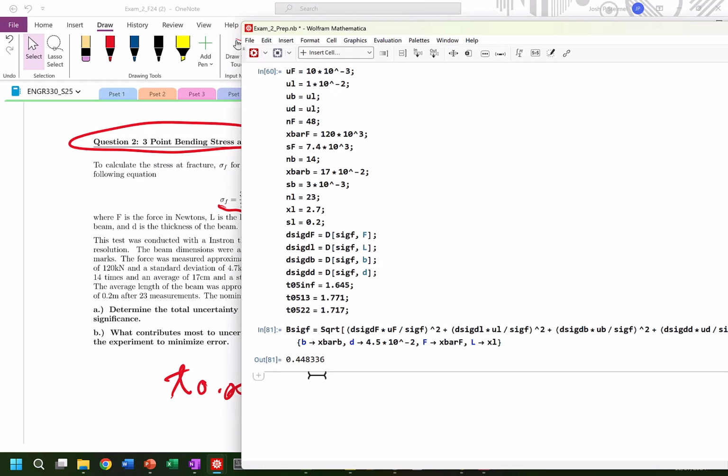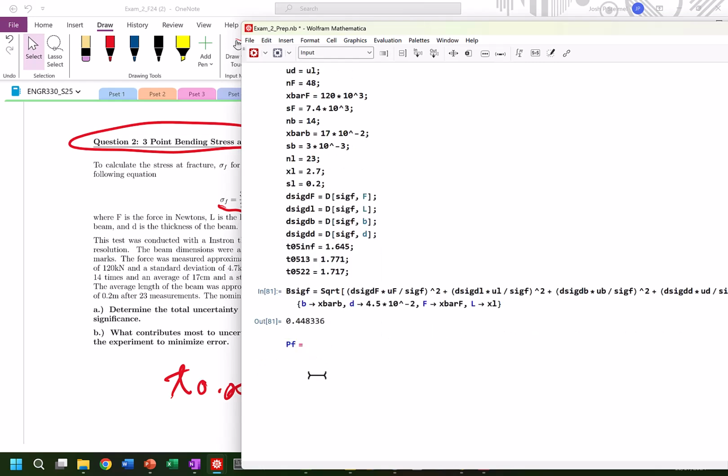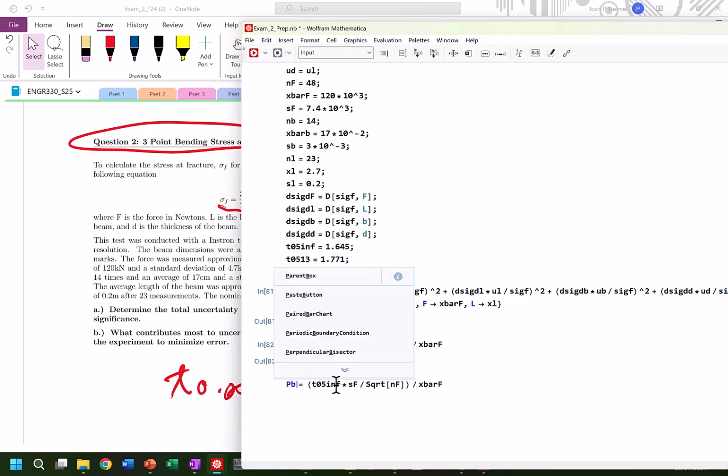So let's do precision error in F. Precision error in F is equal to t 0.05 inf times S F divided by square root of N F, and then we're going to do all of this divided by our X bar F. And then we'll do the same thing here, but now instead of PF, let's do PB.